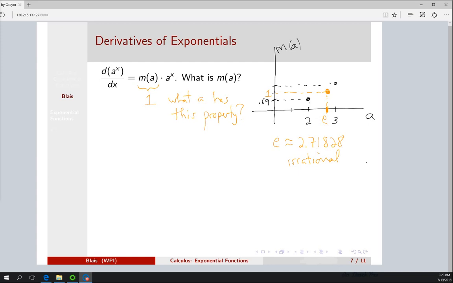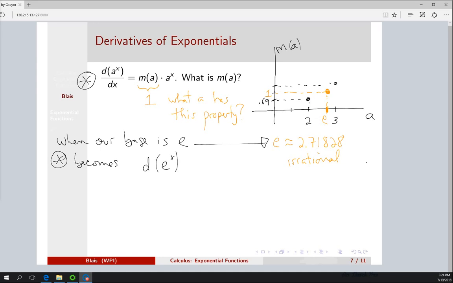So when our base is e, if we call this equation star, star becomes the derivative of e to the x with respect to x is 1 times e to the x.